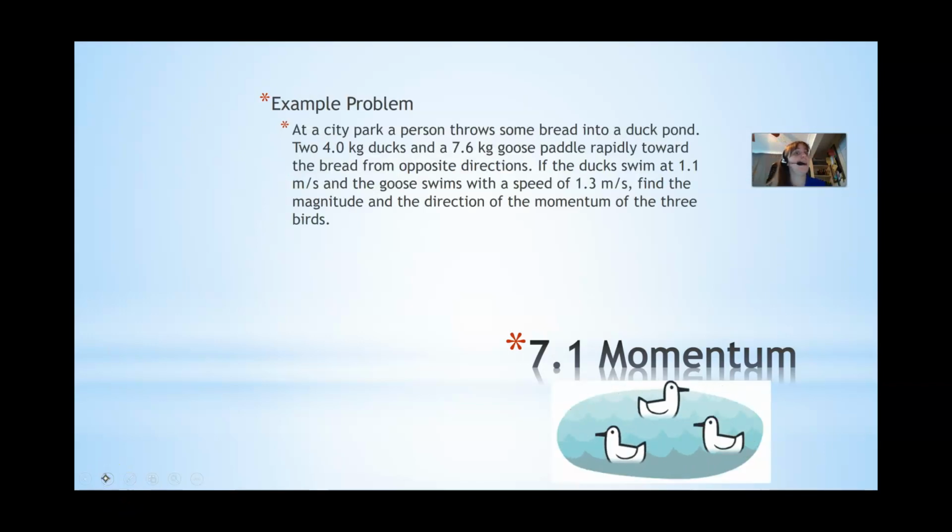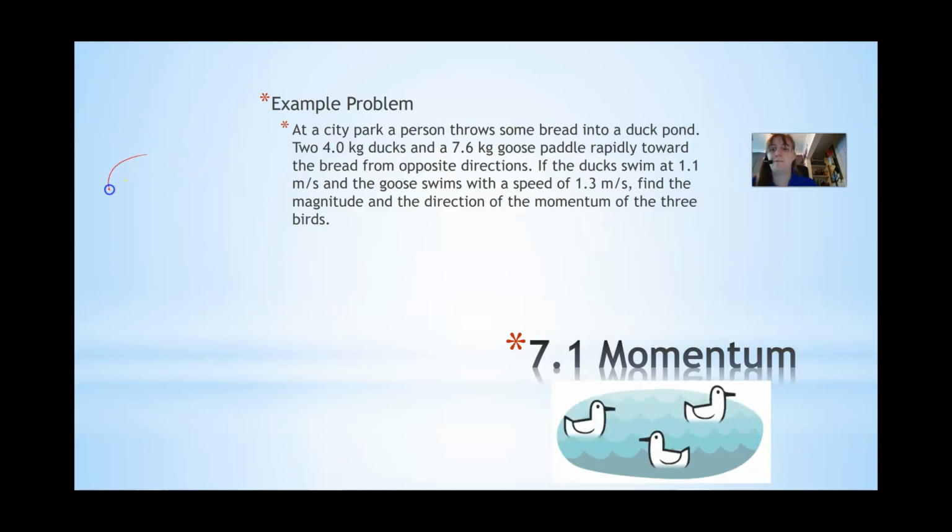All right, we're going to work on an example problem dealing with total momentum and the vector nature of these questions. As soon as I start drawing, our picture is going to stop animating, so just be aware of that. A person throws some bread into a duck pond. Two 4-kilogram ducks and one 7.6-kilogram goose paddle rapidly toward the bread from opposite directions.